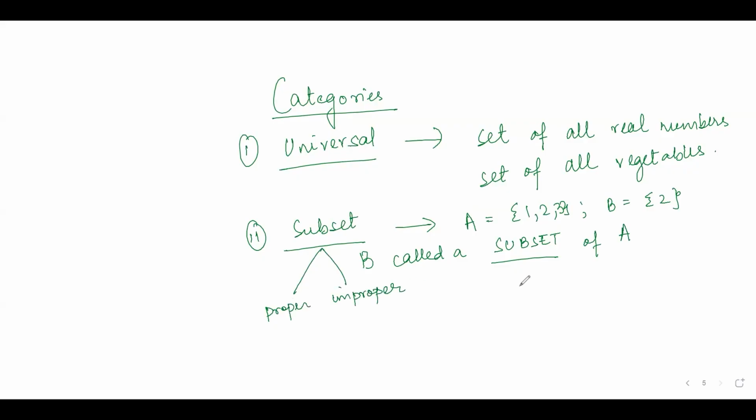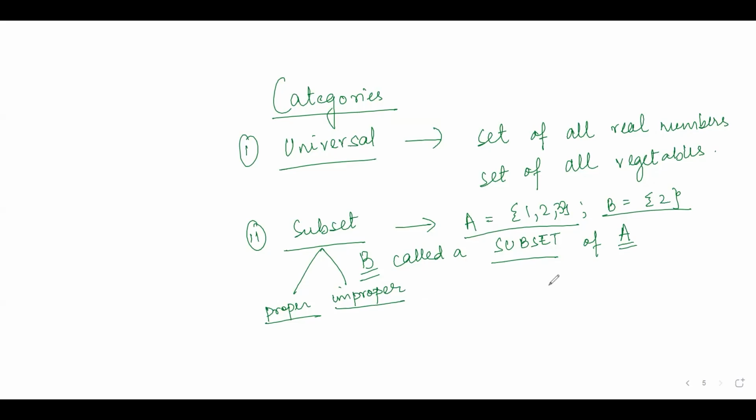Now what is proper, what is improper? Proper is if at least one element in A is not in the subset. So this is an example of a proper subset. B has only the element 2, A has 1, 2, 3. So A has at least one element that is not there in the subset. So A having at least one extra element than the subset will be called a proper subset.